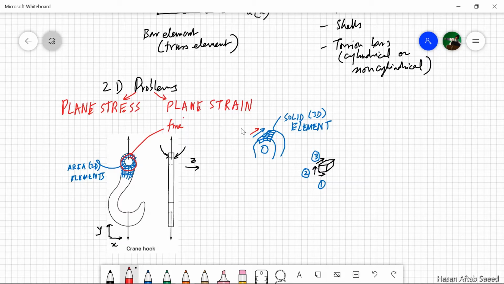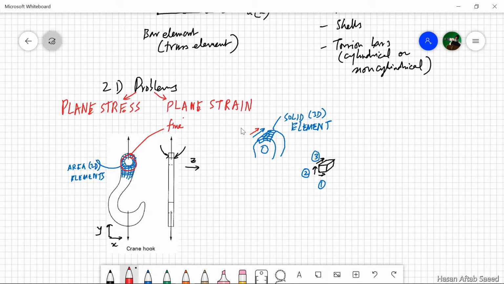It's a huge difference, first of all, because the computational cost of a solid element is many times more than an area element. Furthermore, we would have needed to use more solid elements, at least 3 or 4 times more than what we are using here. Whatever the number of elements in this plane, you would have to multiply it about 3 or 4 to get the total number of elements. So it's a huge saving in cost of the analysis.